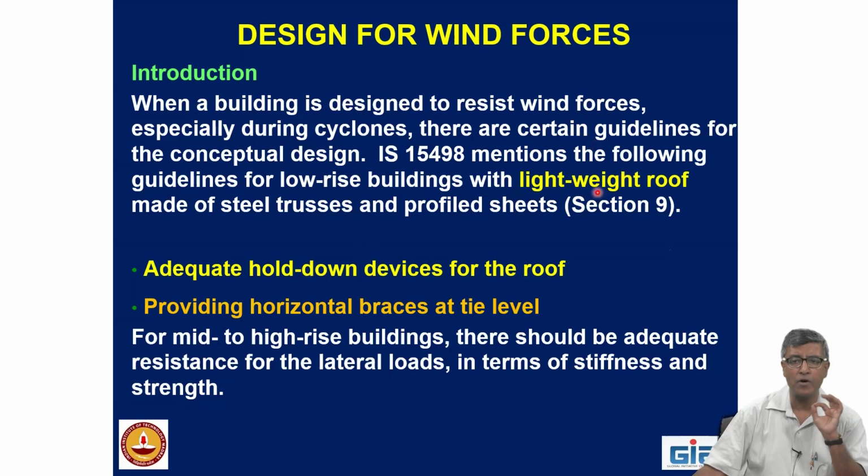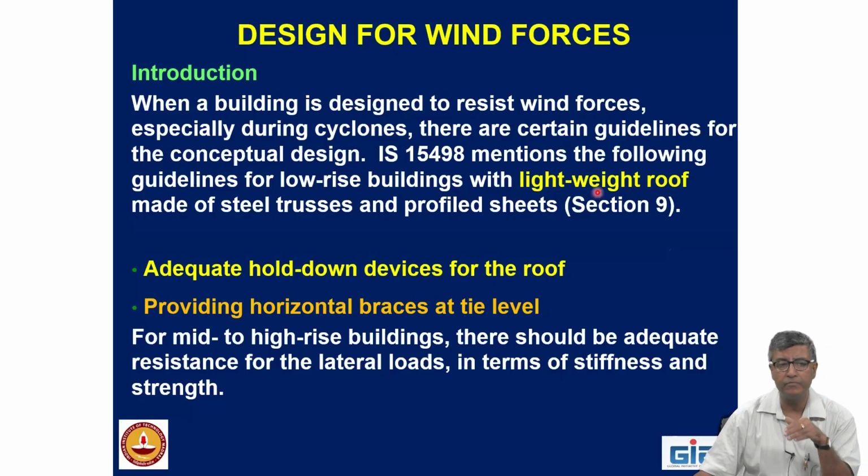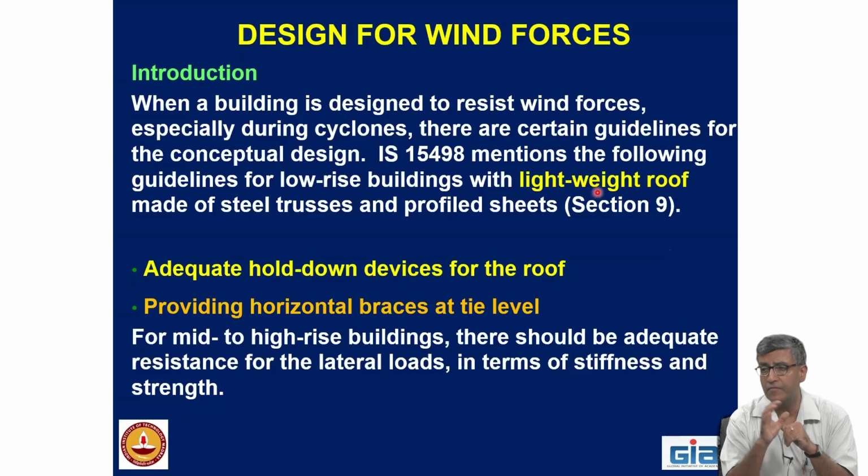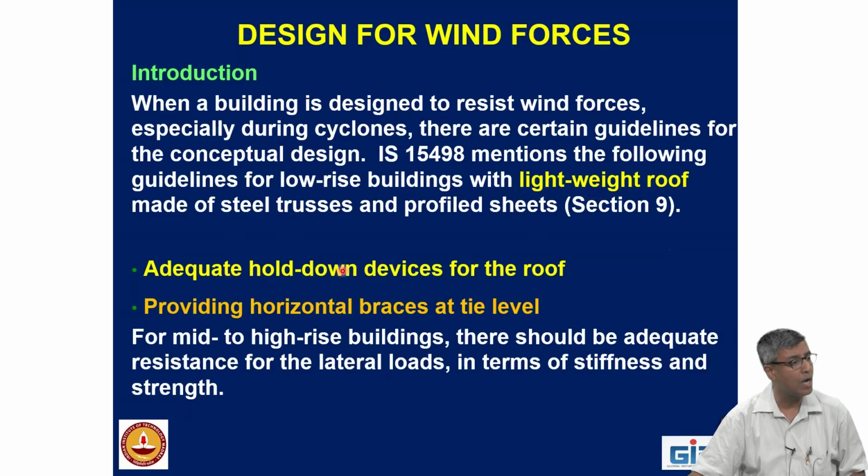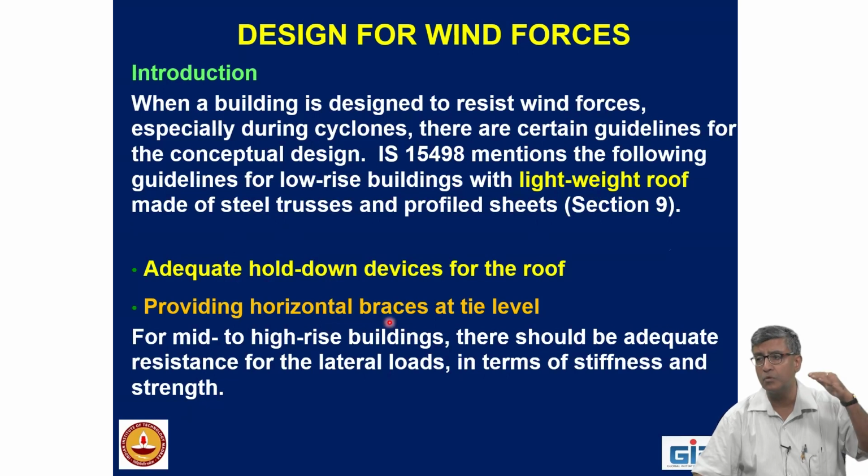For a reinforced concrete building, whether it is cast in place or emulative precast, just an overall analysis is enough. But if you have facade elements or some lightweight roof, then you have to definitely do a component level analysis. And in the design, you have to provide adequate hold down devices, and you have to provide horizontal braces at the roof level.